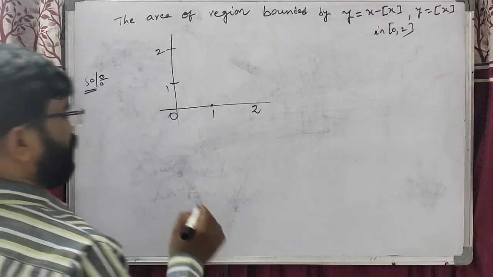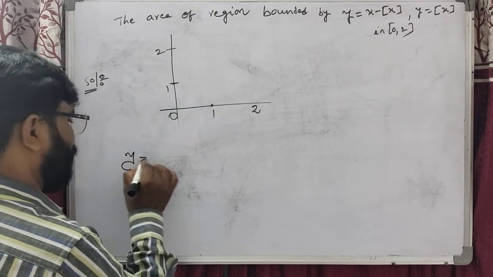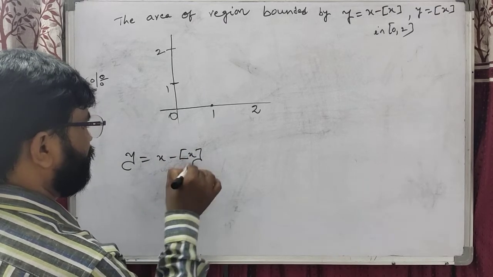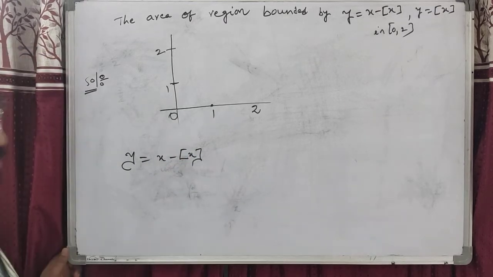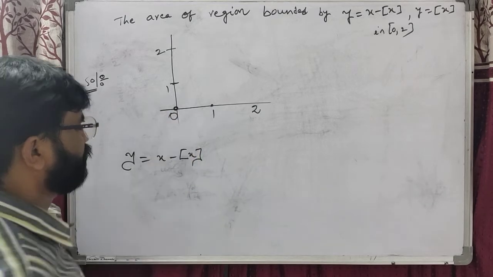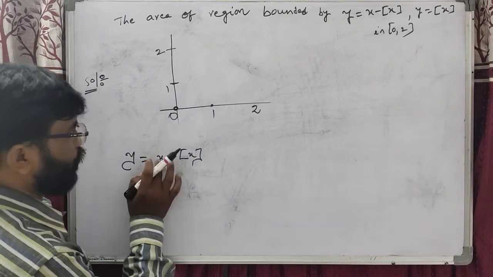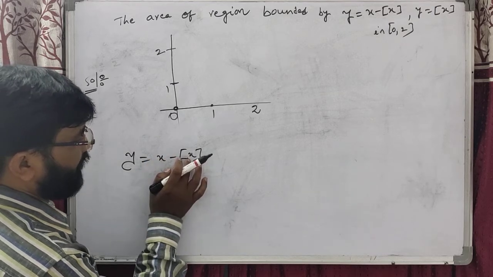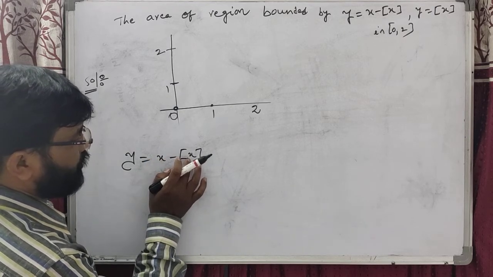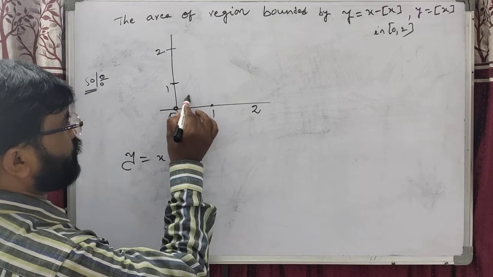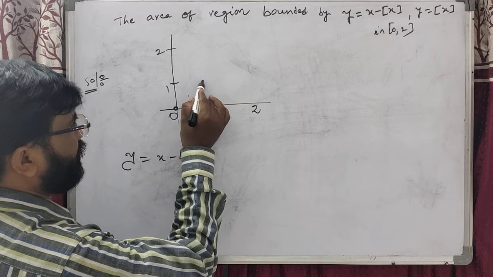Students, first we can draw the graph of x minus step x. Dear students, when we take x as 0, y is also 0. When we take 0.5, the step function of 0.5 is 0, so we get 0.5. For 0.9, we get 0.9.